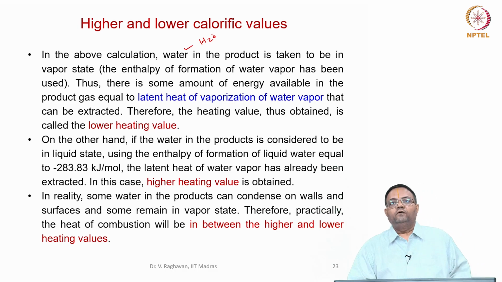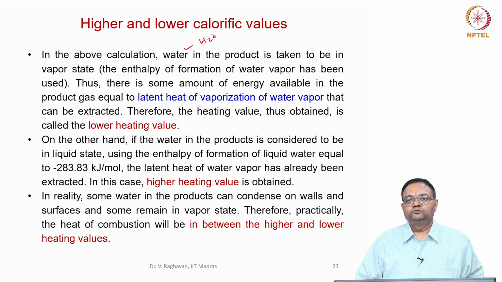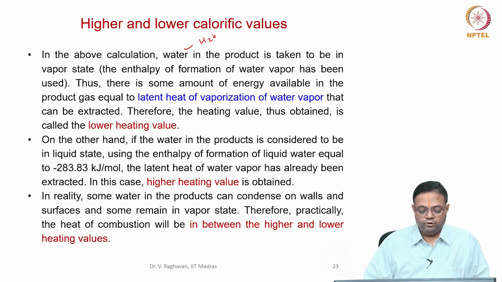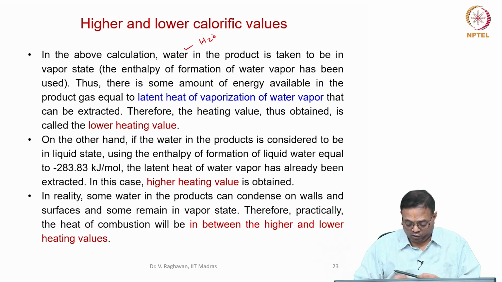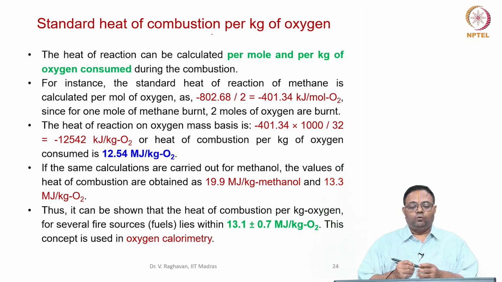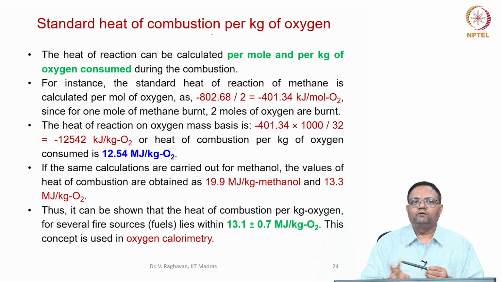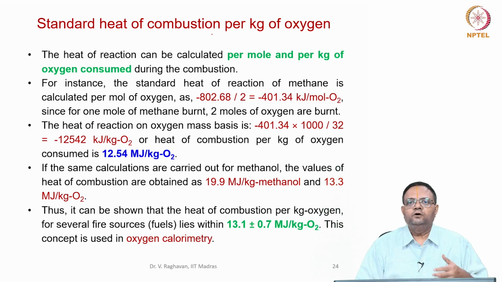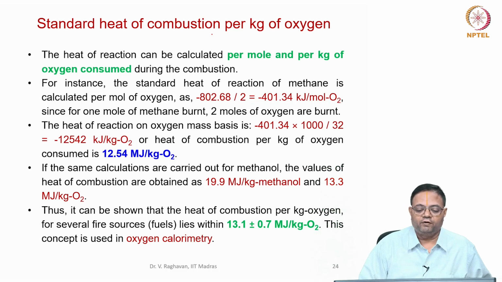So, when the product water is in liquid form, I get the higher calorific value. If it is in vapor form, I get the lower calorific value. So, the difference between the higher and lower calorific value is the latent heat of vaporization of water. Let us not worry about this. We can calculate both the values, and we can say that the heat release will be in between these two, lower and higher calorific values.